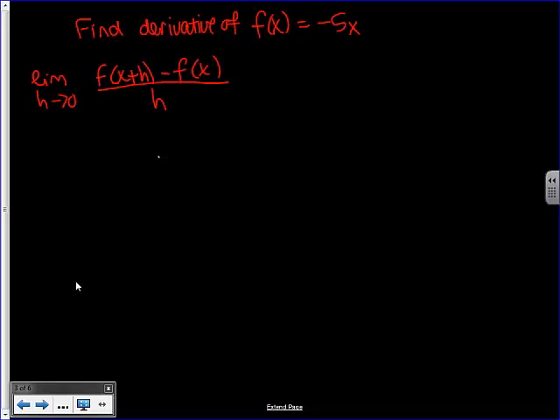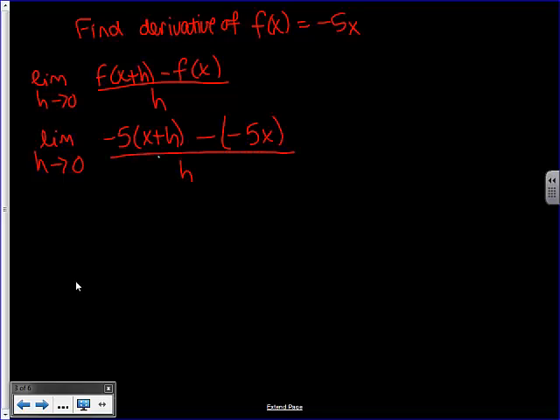So first thing I'm going to do, x plus h, remember function notation. My limit rules apply, I still have to keep writing my limit. So negative 5 times x plus h, plugging in x plus h for x, minus f of x, well, that's minus a negative 5x, all divided by h.